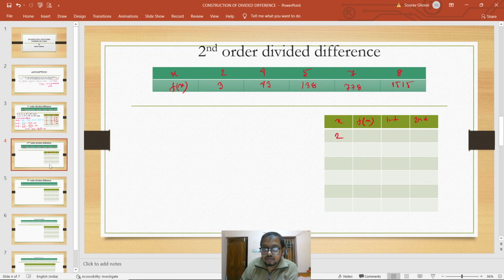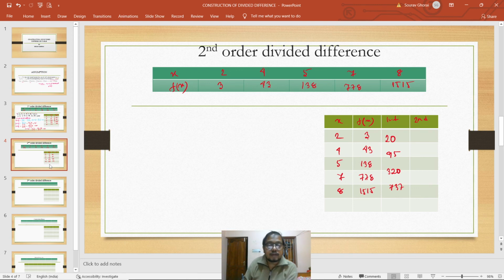The first order values are 20, 95, 320, and 737.